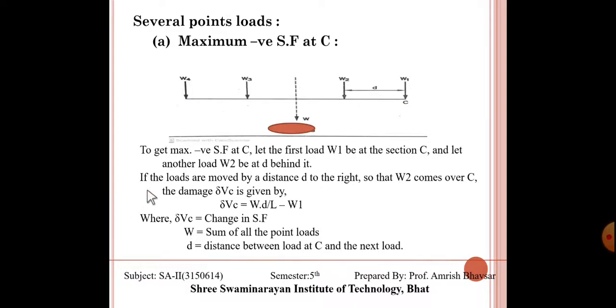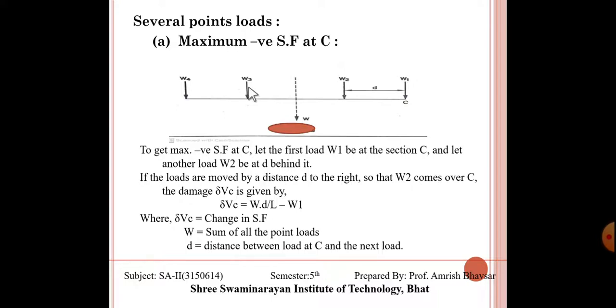So whenever we are finding the maximum shear force at C, let us take the first load W1 at the section C, and let W2 be at D behind it. This is W1, W2, W3 and W4.